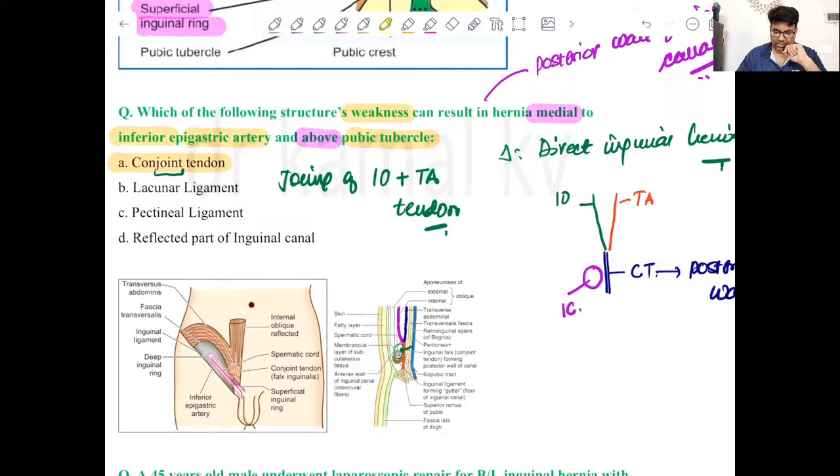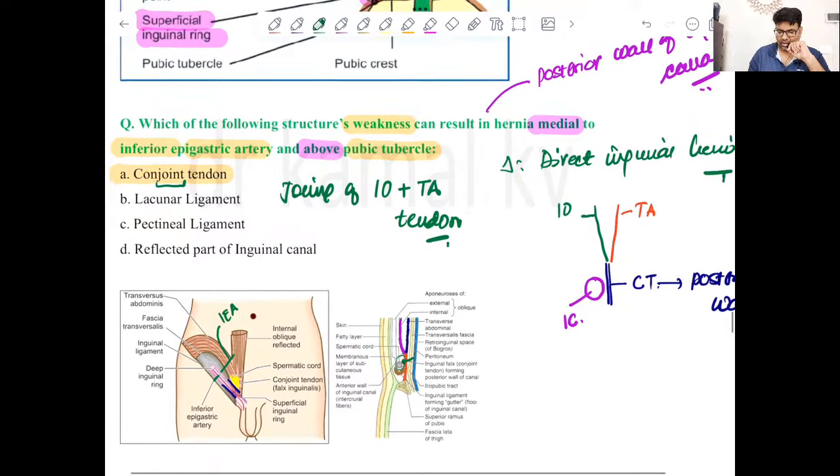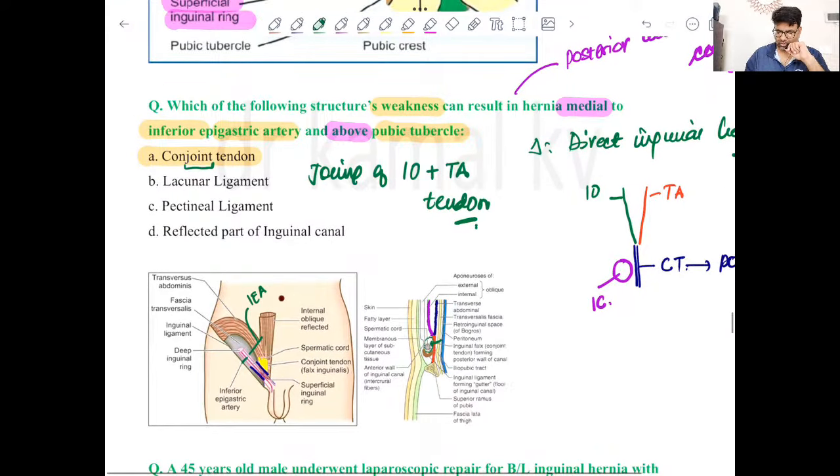Here in this image you can see the conjoint tendon, and it is lying behind the inguinal canal. This is the inguinal canal, and somewhere here is the inferior epigastric artery. So this is the concept of direct inguinal hernia which is asked in this question.